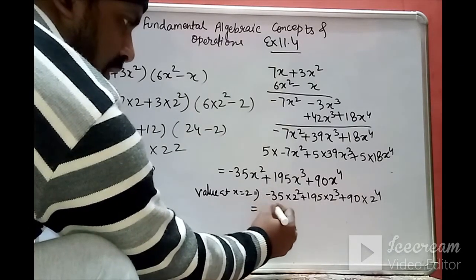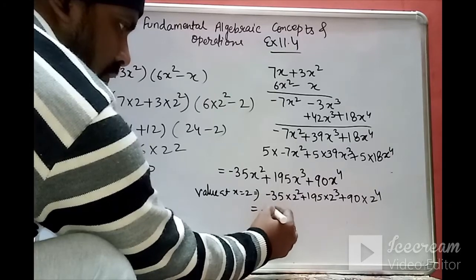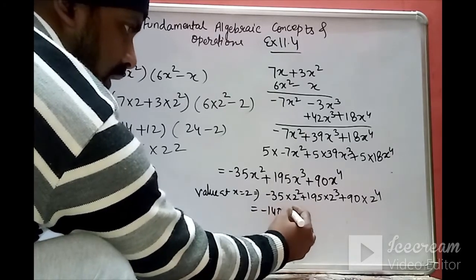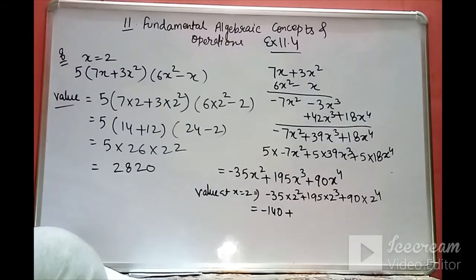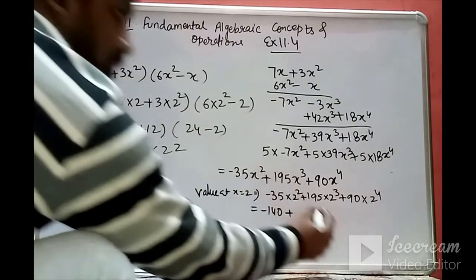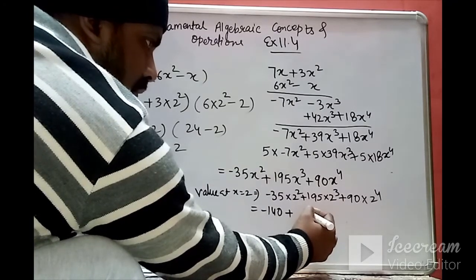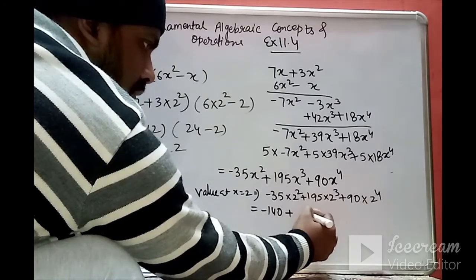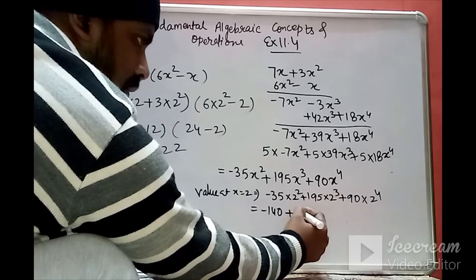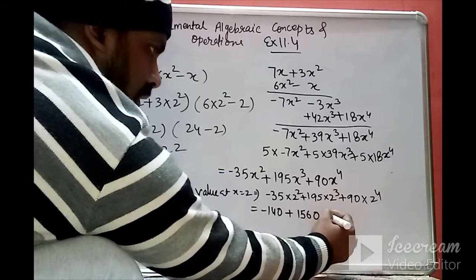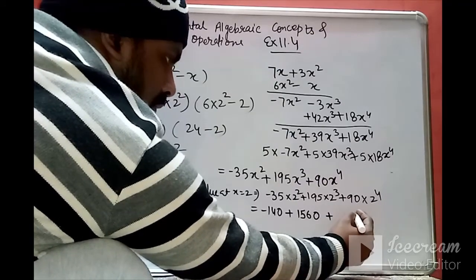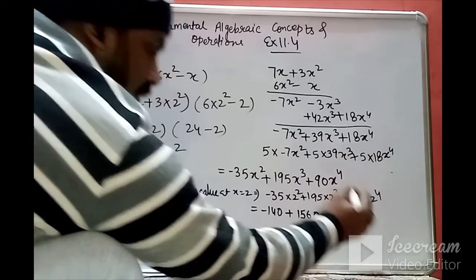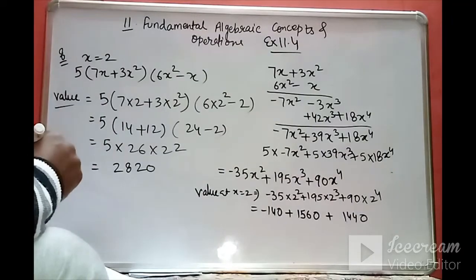So it will be minus 140 plus 1560 plus 1440.